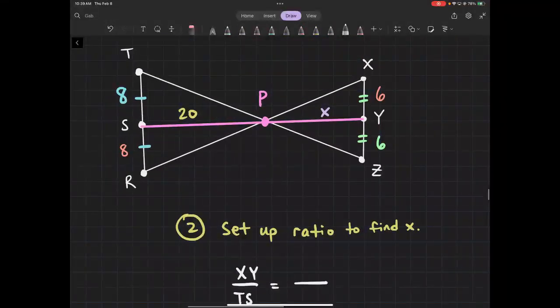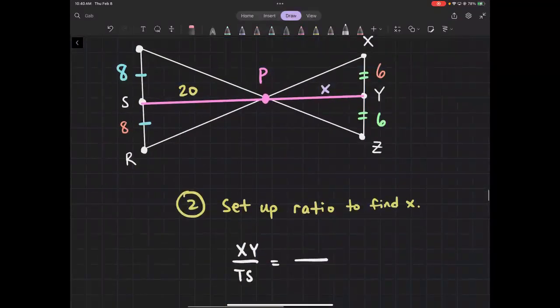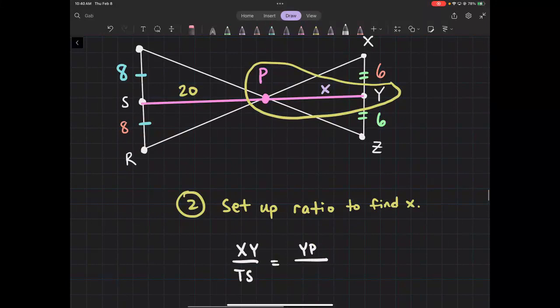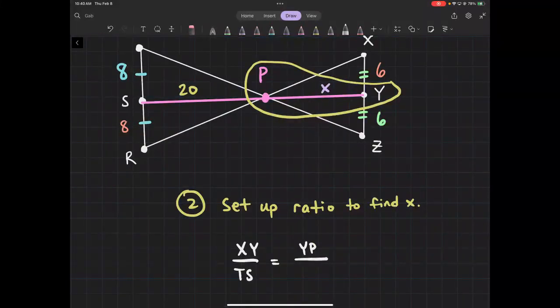The ones in the middle. Yes, so look. What's that? YP. Okay, and PS.